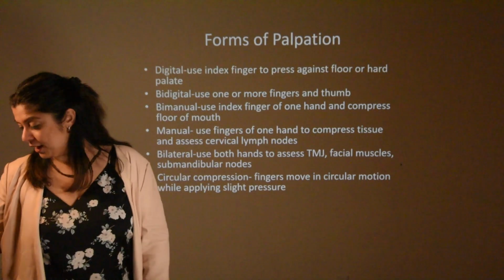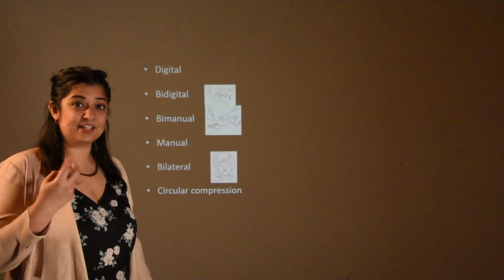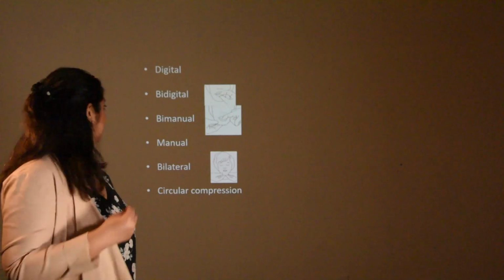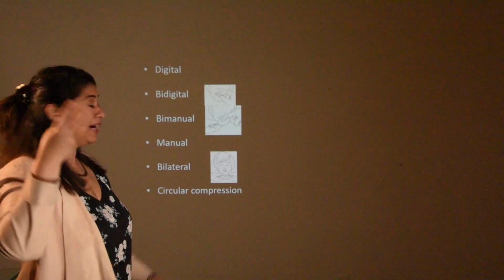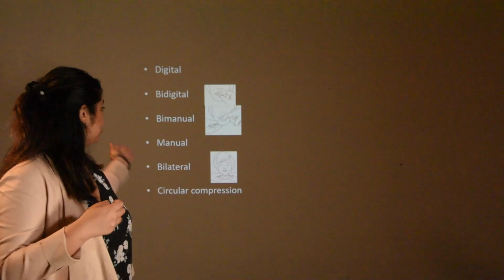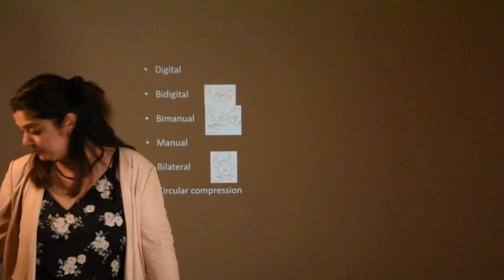All of this is going to help you diagnose. This is just showing you the different techniques that you can use. You can either use one digit, like inside the mouth, or bidigital, two, or you can use bimanual, one on this side and one on that side, or you can use bilateral, both sides, or circular compression.